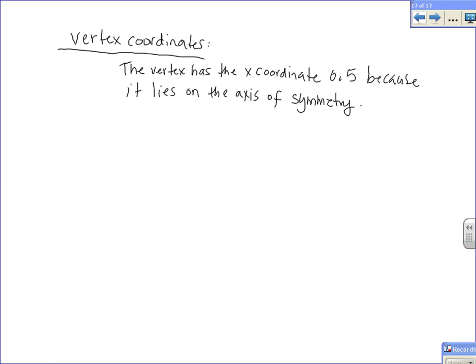So what I'm going to do then is I'm simply going to substitute x equals 0.5 into the factored form of my equation, and I'm going to solve for y.